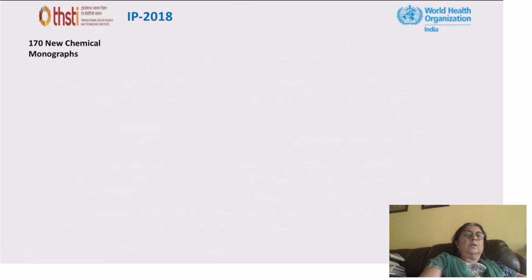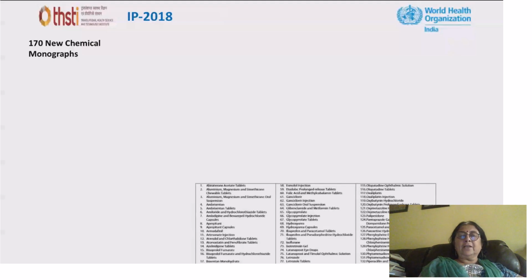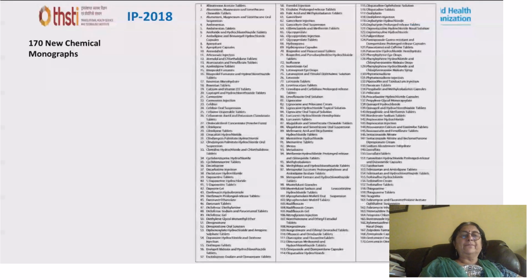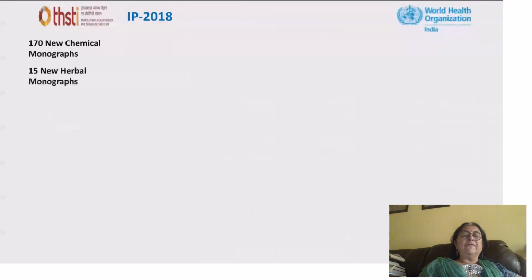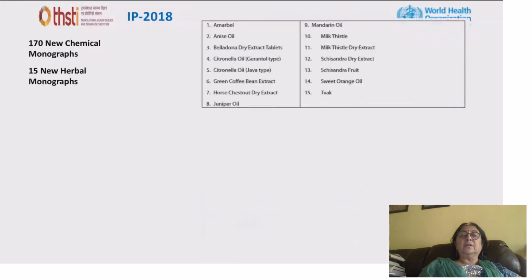The 2018 version has 70 new chemical monographs, including these, for example, 15 new herbal monographs, which include some of these, including belladonna dry extract, citronella oil, etc., juniper oil.